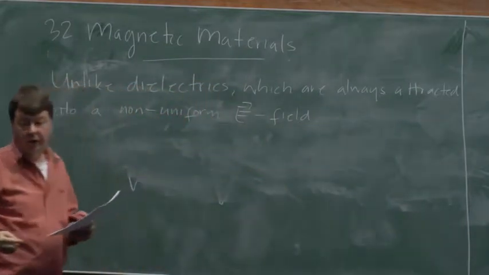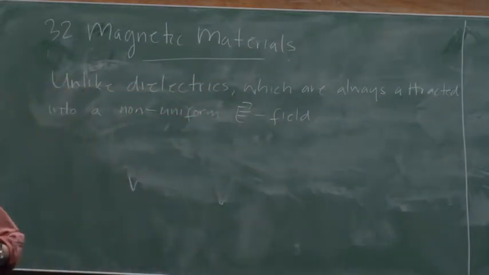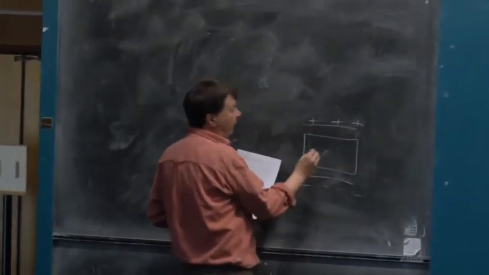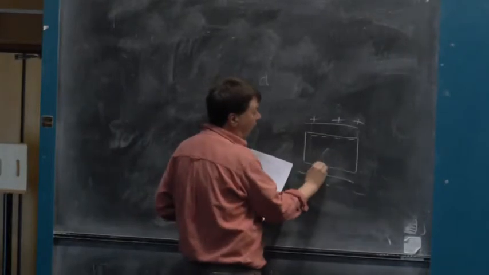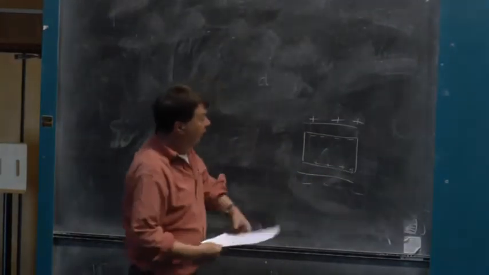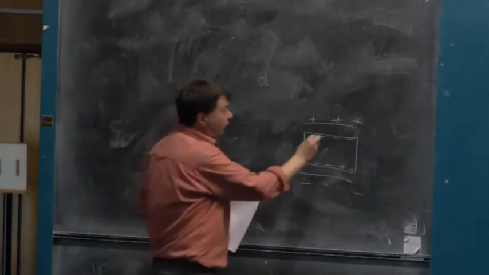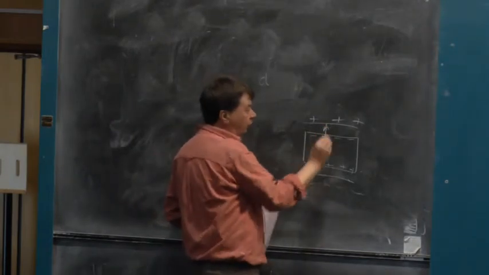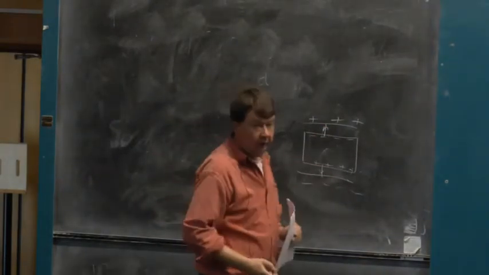and again, I've mentioned that it's important in this case that we're actually considering non-uniform fields. I mentioned this before, that if we have a completely uniform field, in other words, we set up a parallel plate capacitor, well, if we put a dielectric slab in that, it gets these surface polarization charges, but the pull between these charges, and so the dielectric slab is pulled equally and opposite in the two directions.